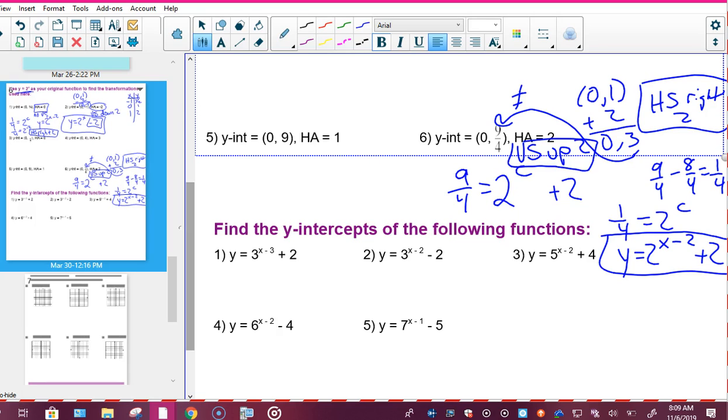Subtracting 2 from both sides would give us 1/4, and then you're trying to figure out what c could be to make this 1/4, and that would still be -2. Putting that -2 into your function, y equals 2 to the x minus 2 plus 2. You had two transformations: a shift right by 2 and a shift up by 2.